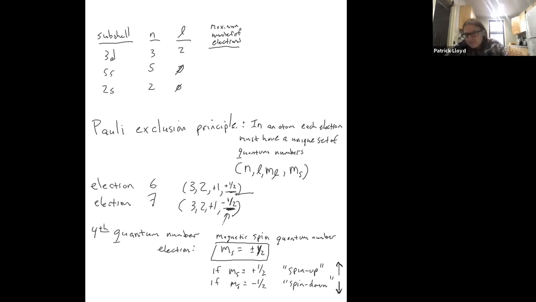So one could be 1/2 and the other could be minus 1/2. That's possible, but they cannot be both of them plus 1/2 or both of them minus 1/2. That's not possible. Now the first 3 numbers tell you about the orbital. That's the actual orbital. 3, 2, plus 1, 3, 2, minus 1, 3, 2, 0, right?